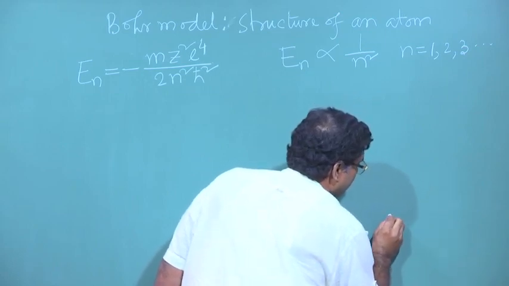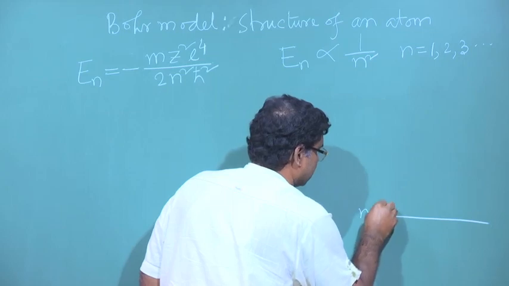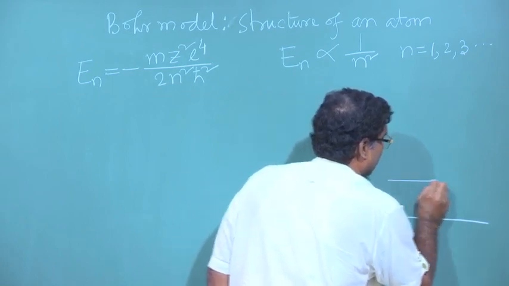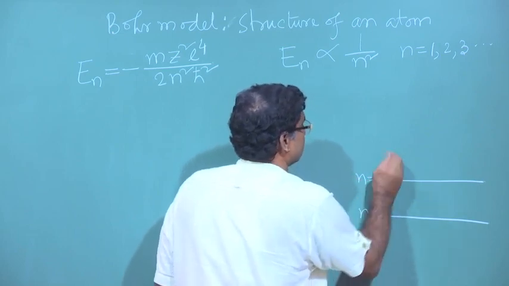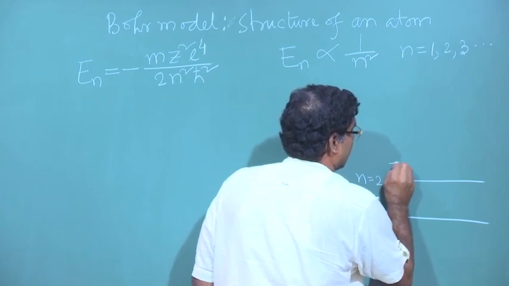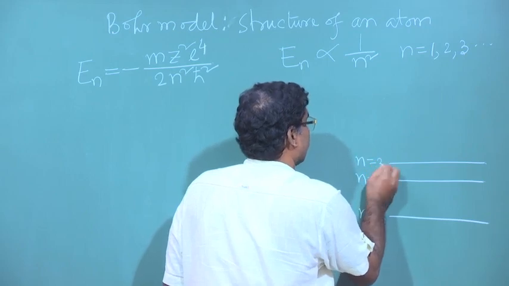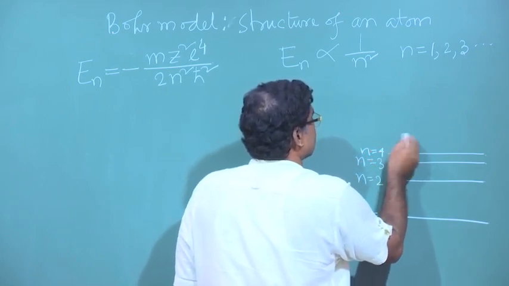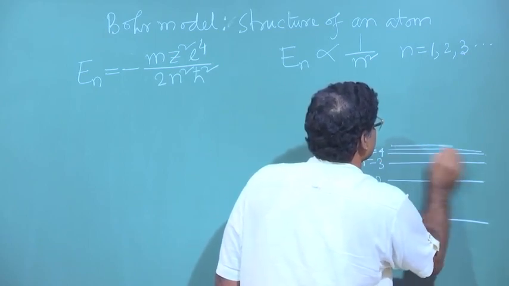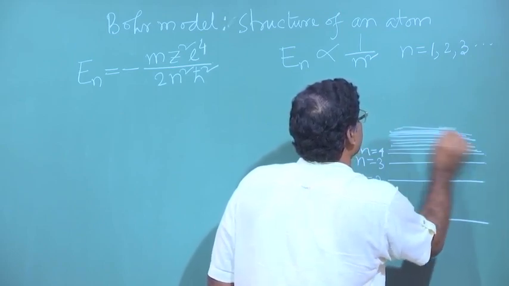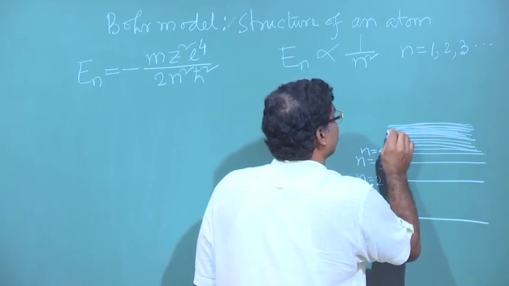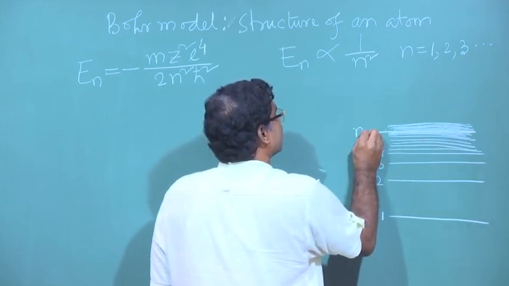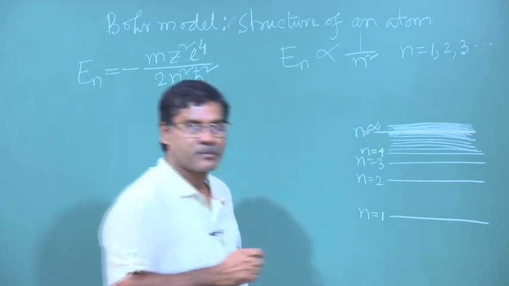If I draw n equal to 1, then n equal to 2, n equal to 3, n equal to 4, and so on, until n equal to infinity.